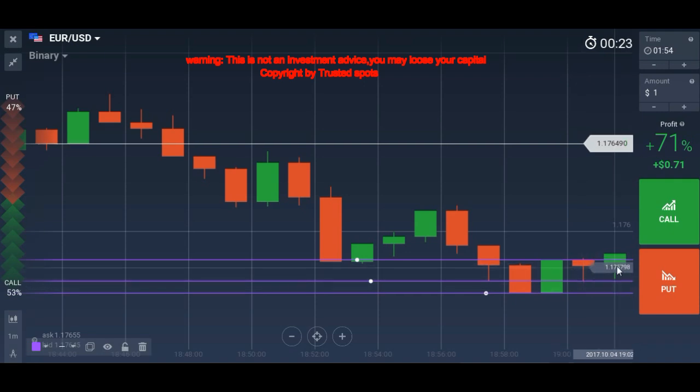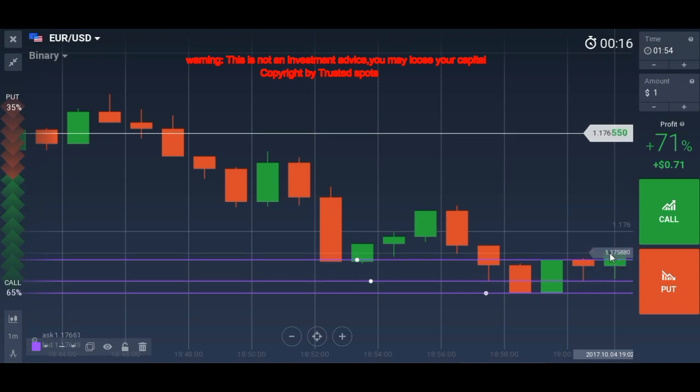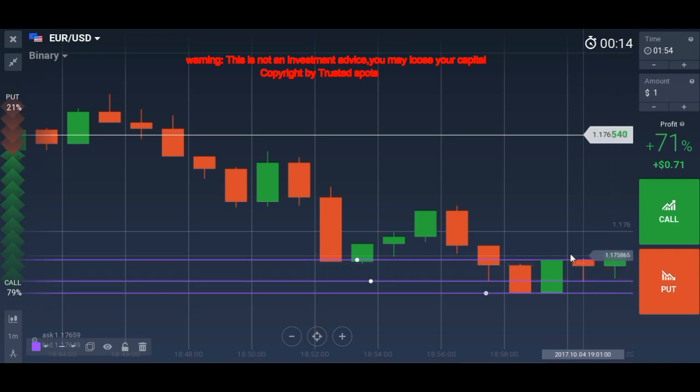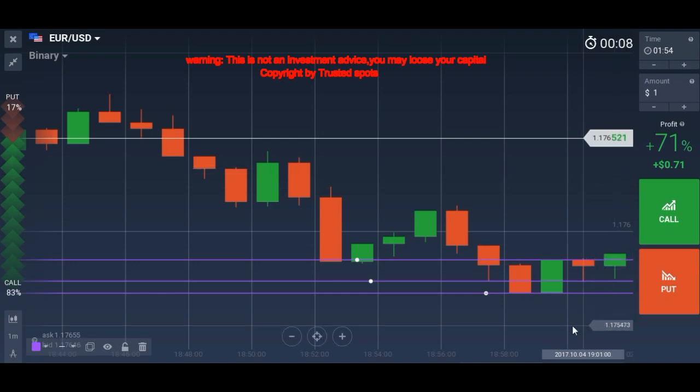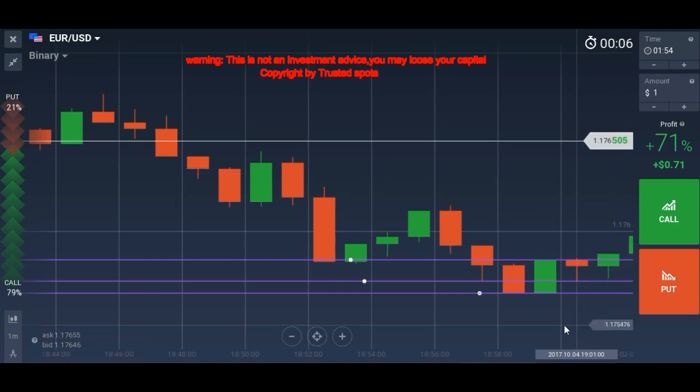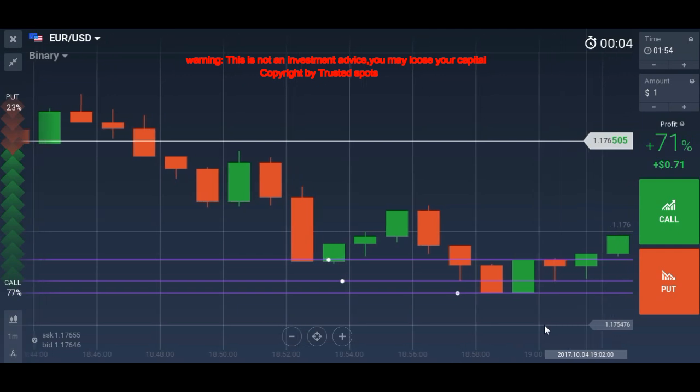These 2 wicks show the formation of a W, and this is a sign of reversal, and so the market will definitely be going up. Maybe it hits that resistance-support level and then reverses, but the market will go up, and it goes up.